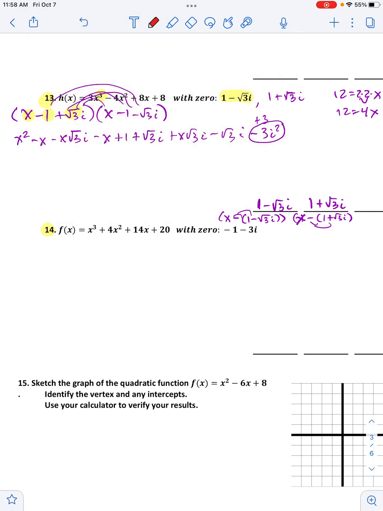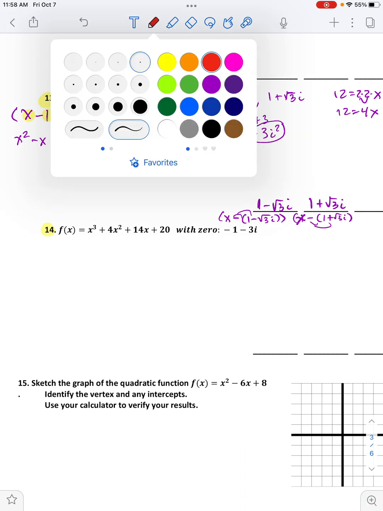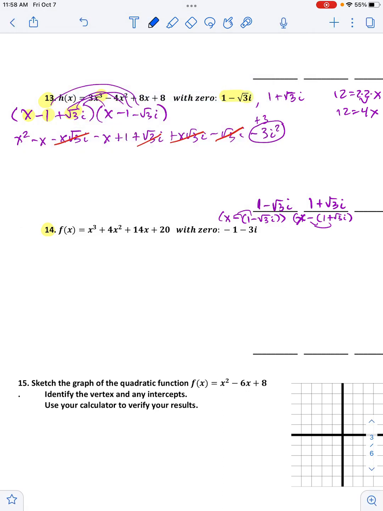So let me go through and see. I have a negative root 3i, a positive root 3i. I have an x root 3i, but a negative x root 3i. So when you multiply 2 factors involving imaginary numbers together, it needs to clear out, and it needs to produce something without any imaginary numbers.